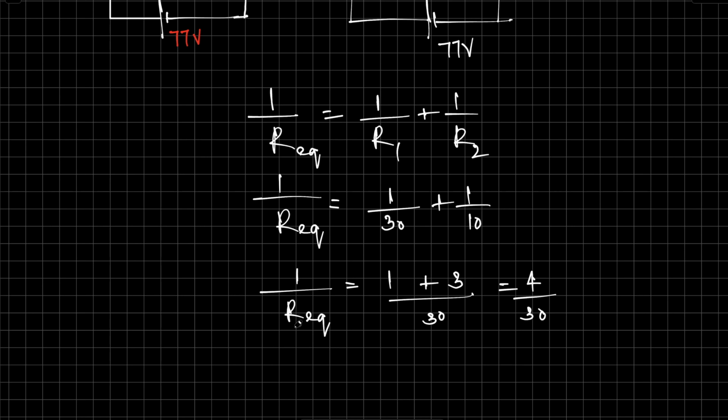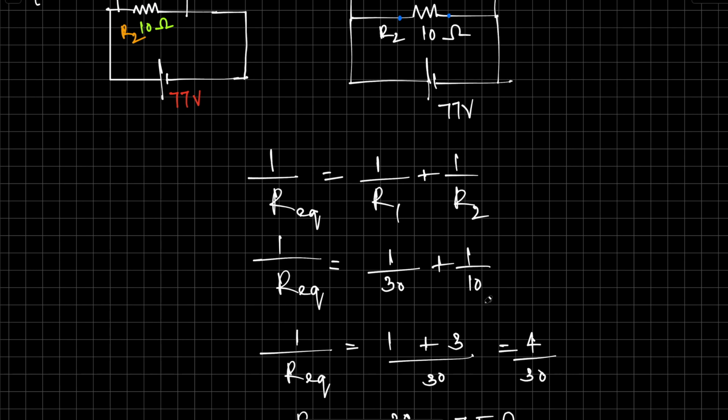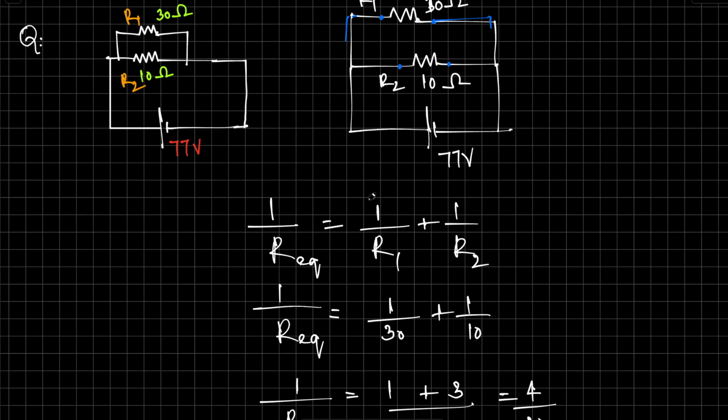So how do you find Req? We need to find the inverse, right? So Req over 1 equals, we need to flip the right hand side as well, 30 over 4, 7.5 ohms. What's the meaning of this answer?